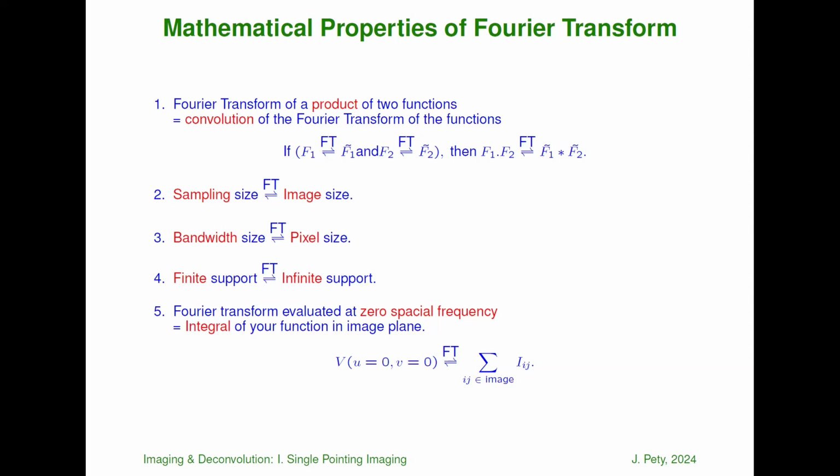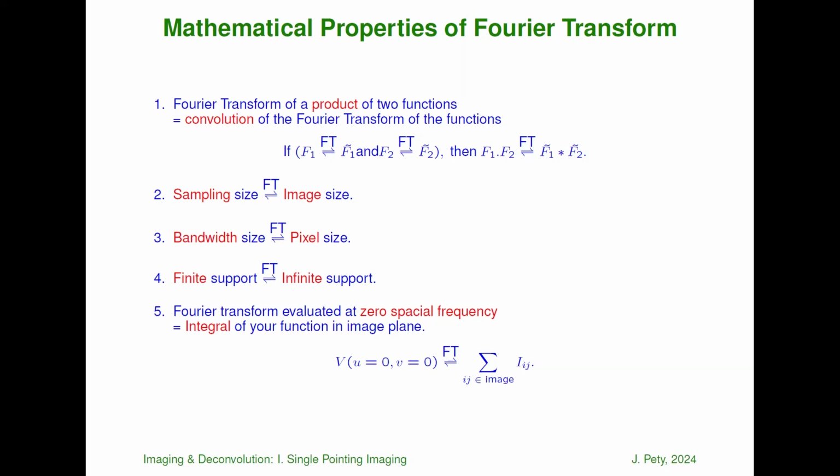If you have the function f1 and its Fourier transform f1 tilde, and a function f2 and its Fourier transform f2 tilde, you take the product of f1 and f2, you make the Fourier transform of this product, and you end up with the convolution of the Fourier transform of f1 by the Fourier transform of f2, okay? And this is a property that we will use several times.